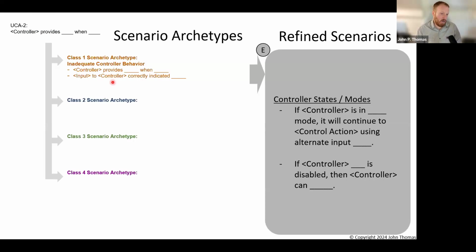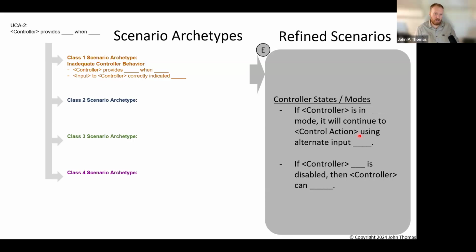Let's look at states and modes. This was labeled by E in the model. So all of this is grounded in a generic controller model, and you may adapt this to your own applications. But this is pretty good. If the controller is in some mode, maybe it'll continue doing the control action anyway. And that will lead to the UCA.